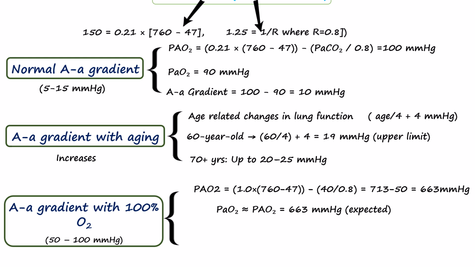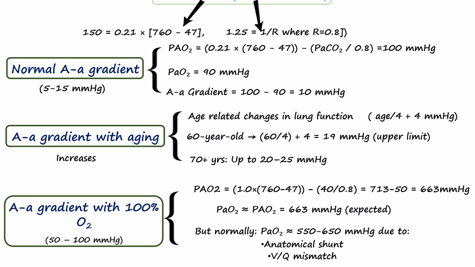The primary factor is absorption atelectasis caused by nitrogen washout from alveoli, leading to alveolar collapse and shunting of blood flow. Additionally, the suppression of hypoxic pulmonary vasoconstriction allows more blood flow to poorly ventilated areas. Thus, the arterial partial pressure of oxygen is much lower than expected.